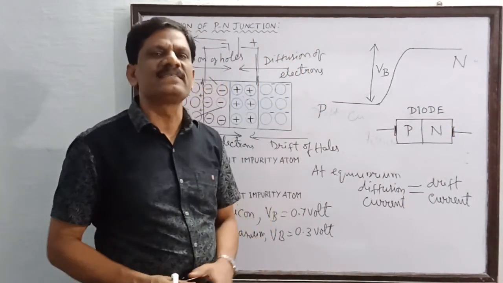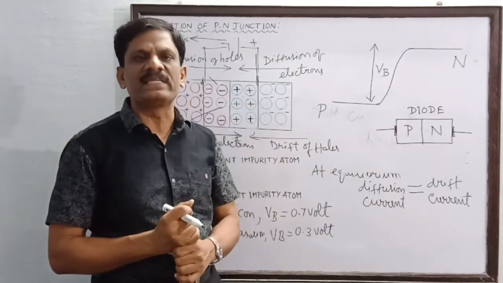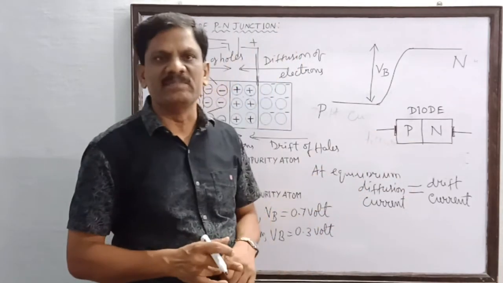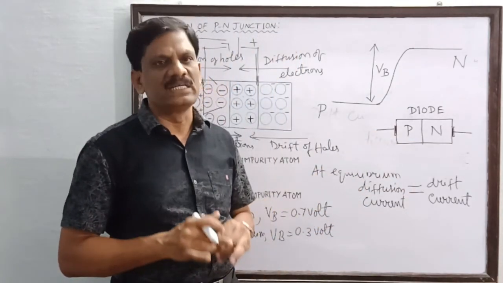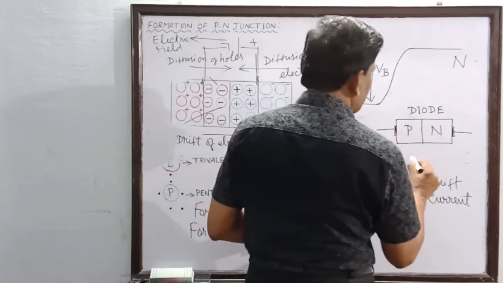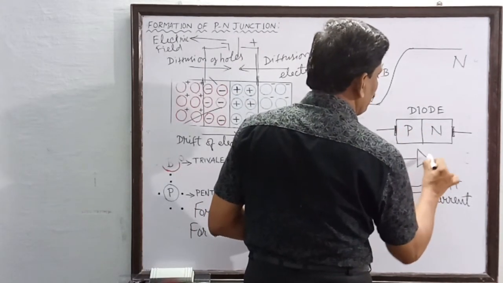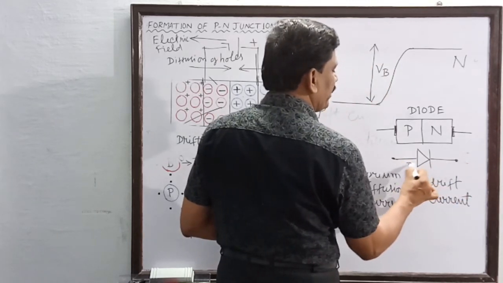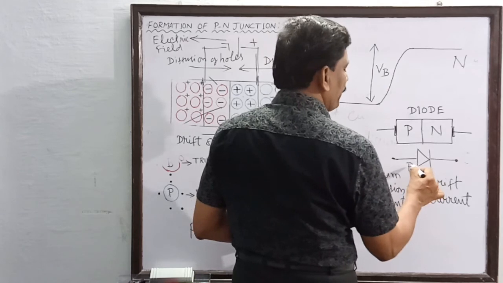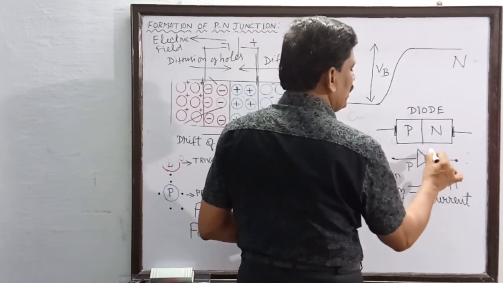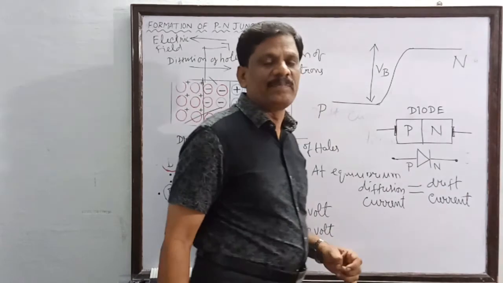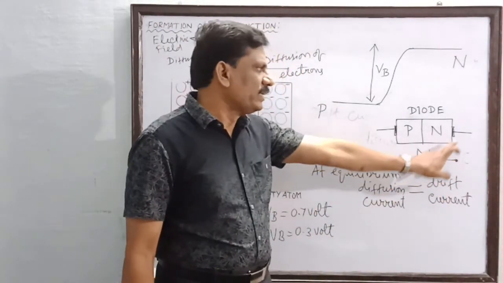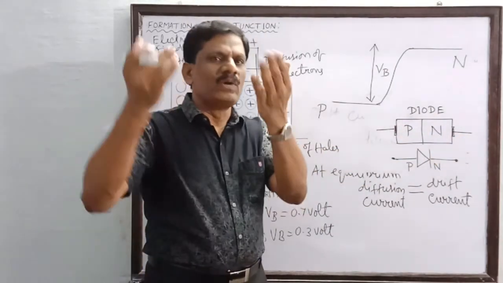When a PN junction is provided with metallic contacts on both sides and given electrical connections to an external circuit, this device is called a junction diode or PN junction diode, and its circuit symbol will be like this. These are the two electrical connections. The triangle region is positive, represented by the P region, and this vertical line represents the N region.